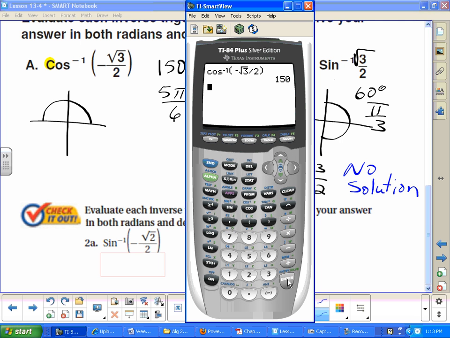There we go, 150 degrees. It gave me the right answer in degrees. It will give you the right answer in degrees, it's just that it'll give you a decimal number in radians that you would need to convert to make it correct. So your calculator will actually work there for you.